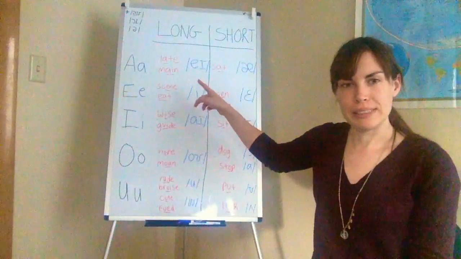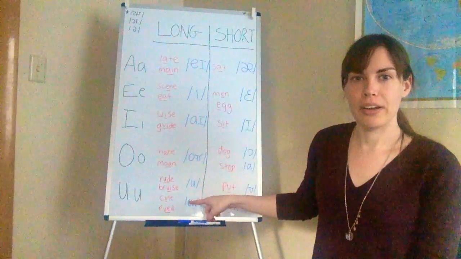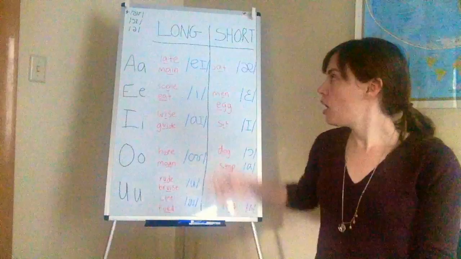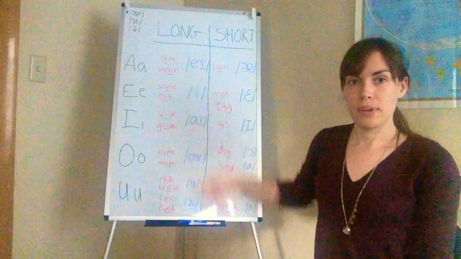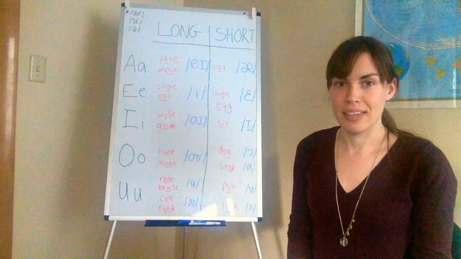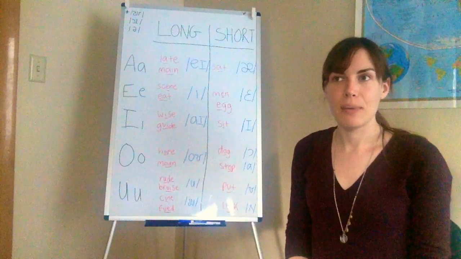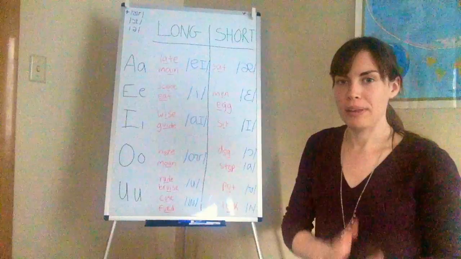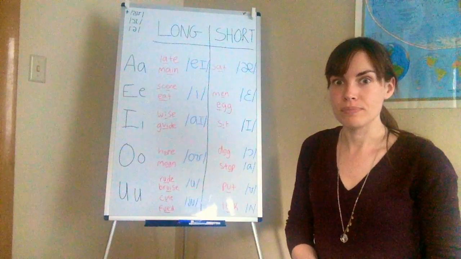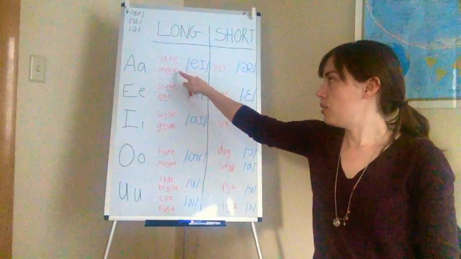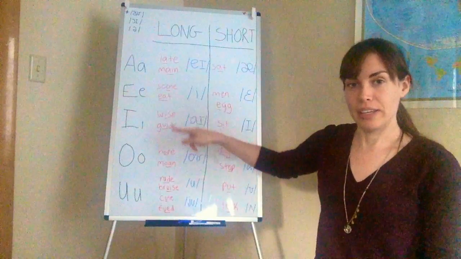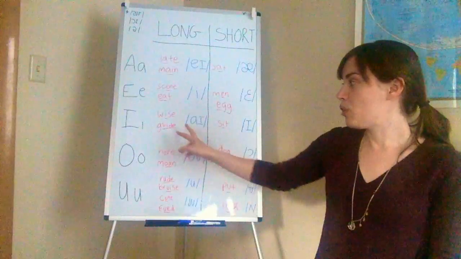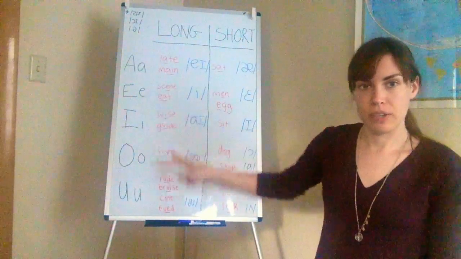You might have noticed there are some spelling similarities between all of the words for the long vowels. The examples on top all have silent E's at the end. That means that whenever you have a word with a silent E at the end, you know that the vowel before it is going to be long. The second word I have for each vowel, if you notice, those have 2 vowels next to each other.